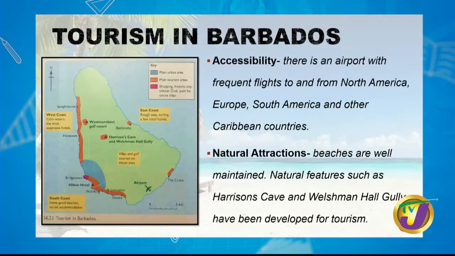These are developed and well-maintained to support the tourism industry in Barbados. We already spoke of accessibility, having access to ports such as cruise ship ports, as well as the airport to facilitate travel from North American countries. And because of where Barbados is concerned, we can also include South American countries as well.